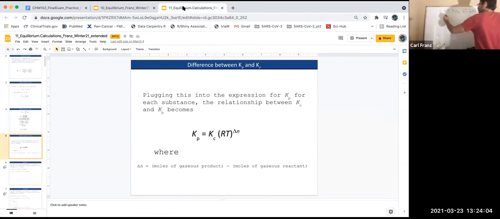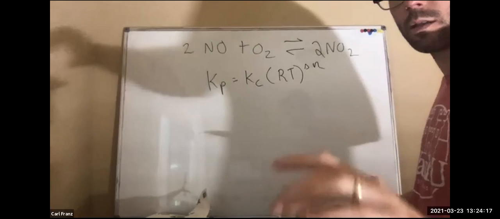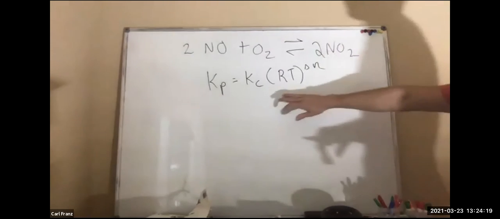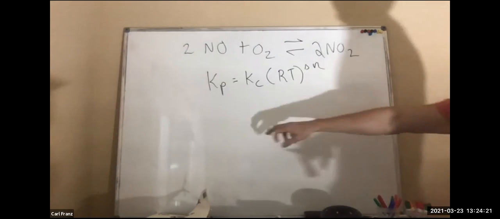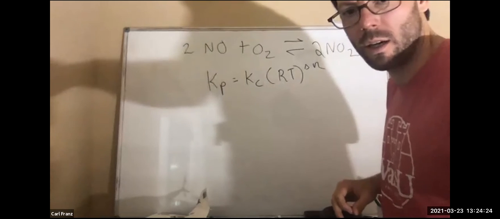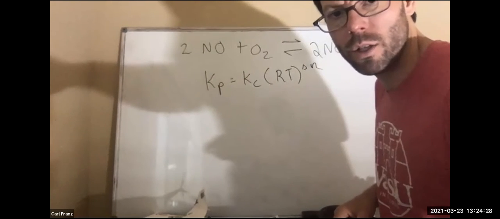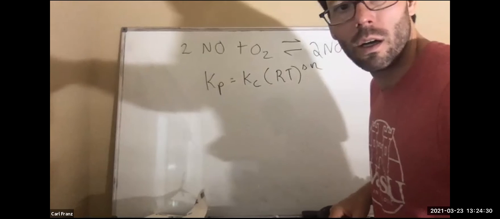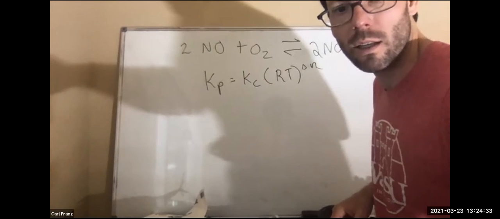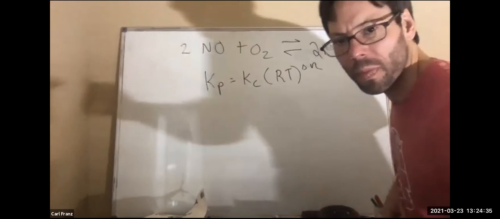And if we know that Kp equals Kc times RT to the delta n, we can rearrange this because we have Kp. Wait a minute, hold on. What did they say our Kp was? Like 2.2 times 10 to the 12.